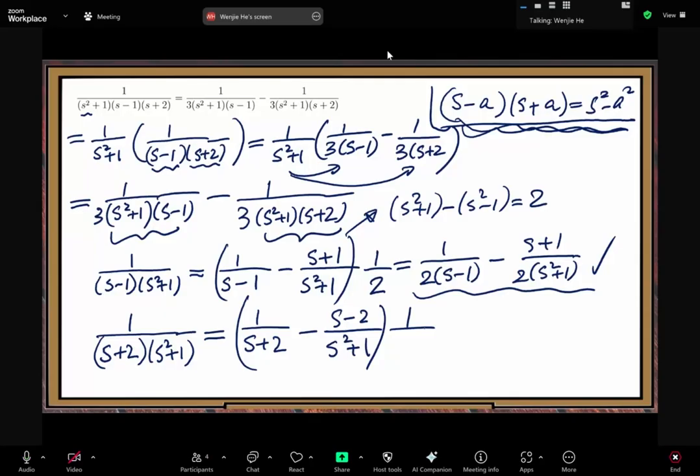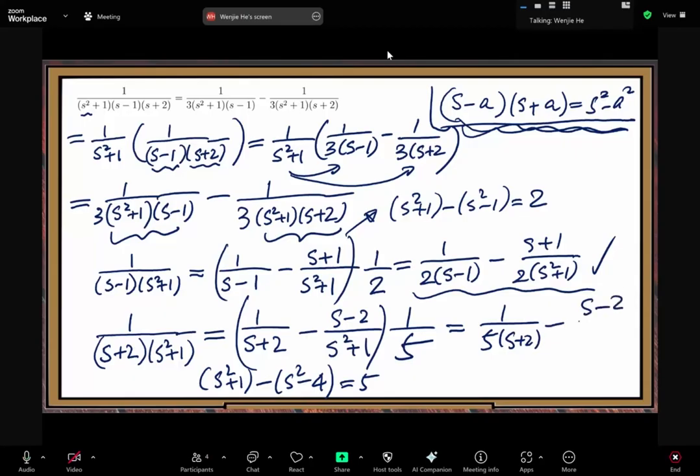But you look at the numerator, S squared plus 1 minus S squared minus 4. That's 5. So your other adjustment fraction, you need to multiply 1/5. You get 1 over 5 s minus 2, 5. Okay, then it is very friendly for inverse Laplace transform.